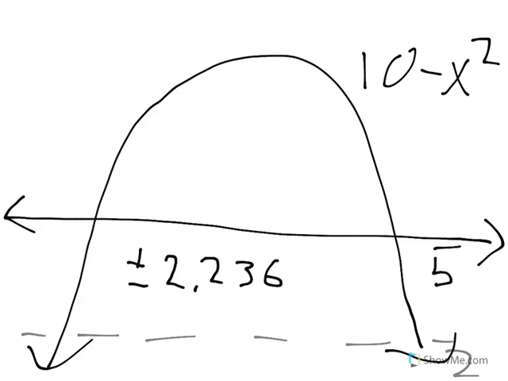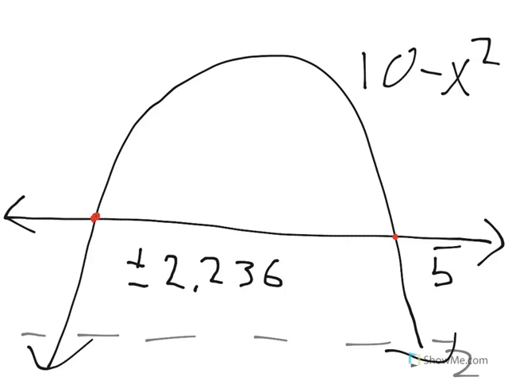So at these 2 points, the x values are going to be equal to positive and negative 2.236. So that's going to give us our a and our b. So with that, then we can go ahead and make our integral.